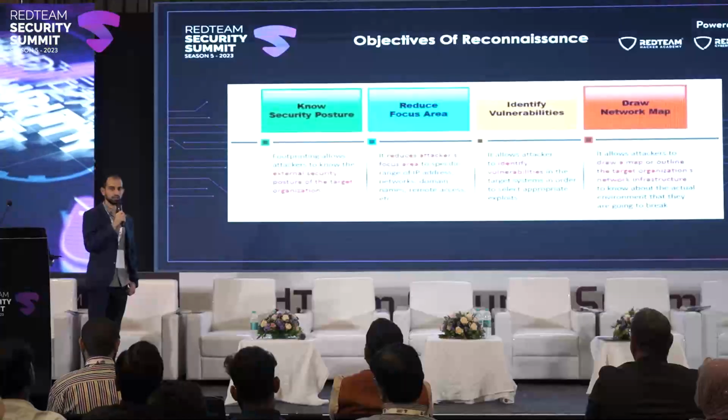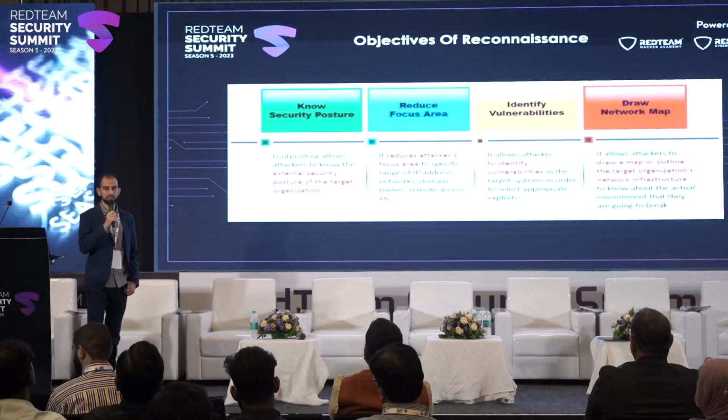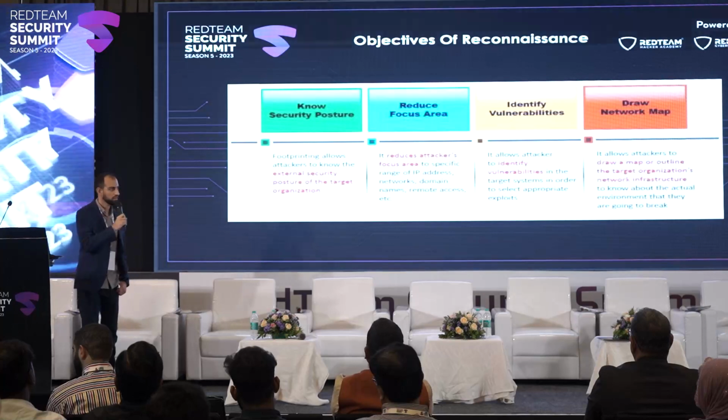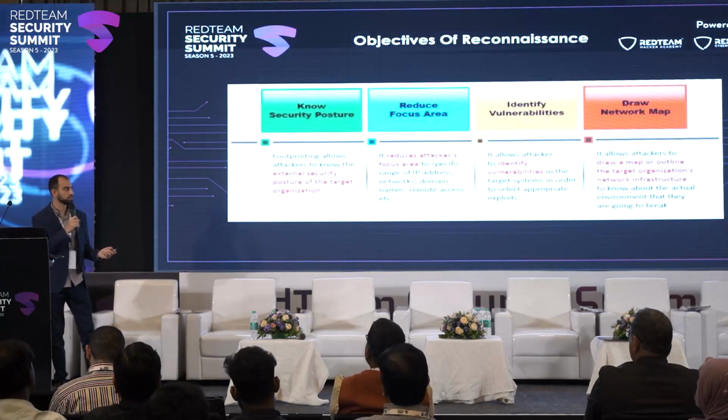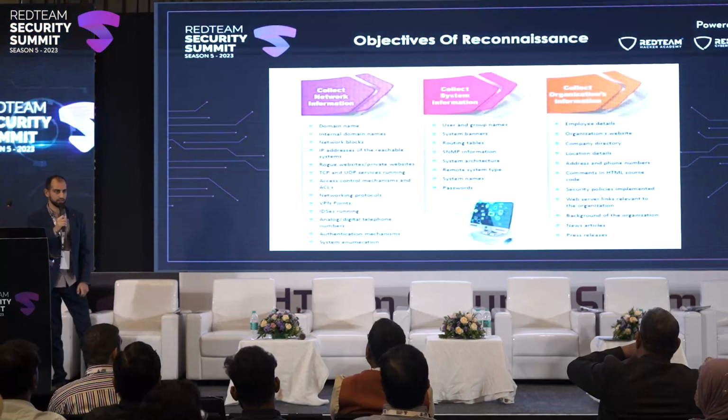While knowing the main structure you want to target, you will be able to reduce the focus area and identify the vulnerabilities you're looking for. For example, if I want to target Linux, I know that it may be using Apache, not IIS. And of course, we will be able to draw the map of the network.